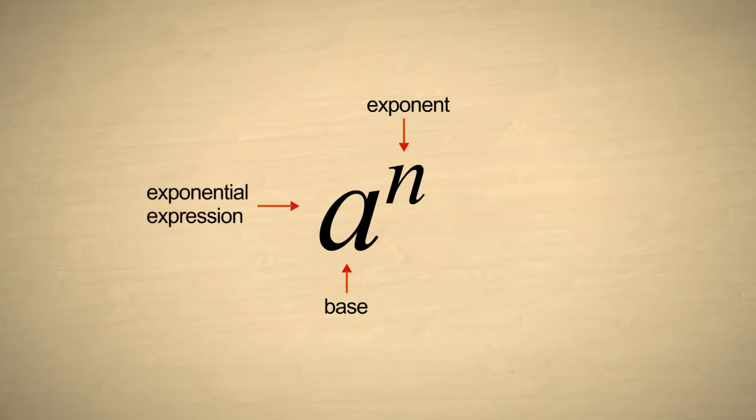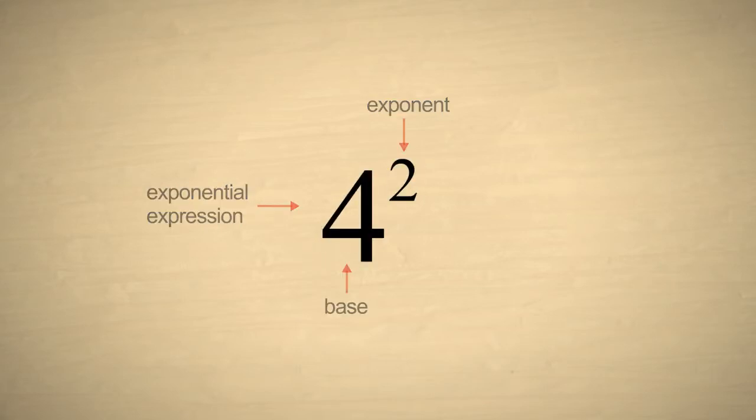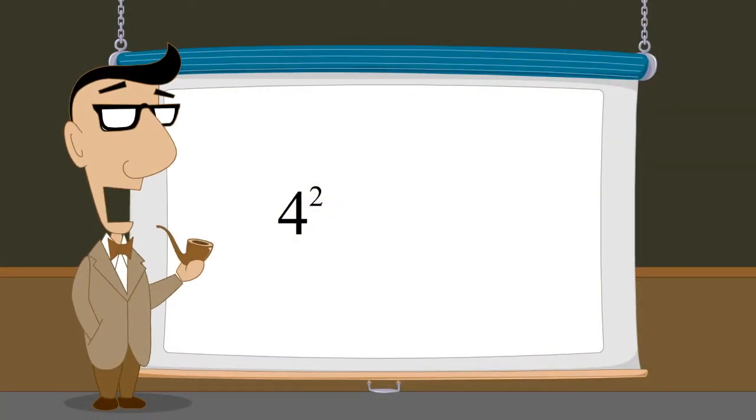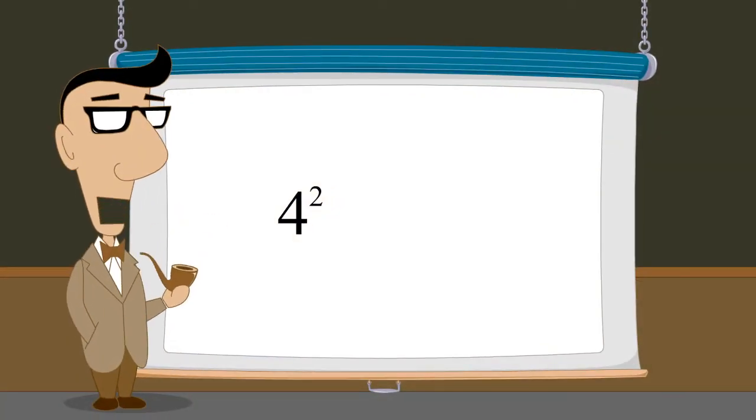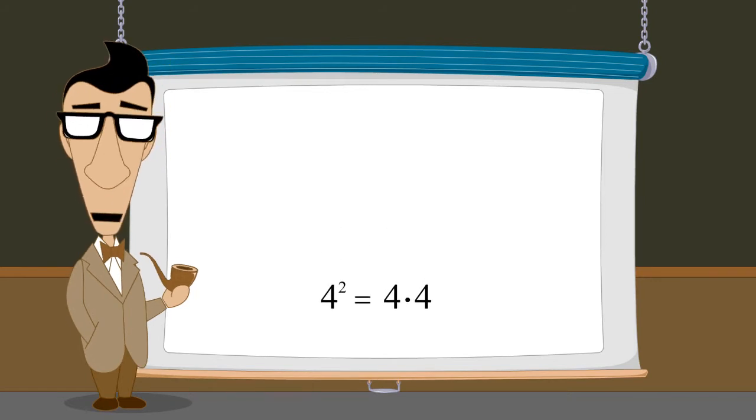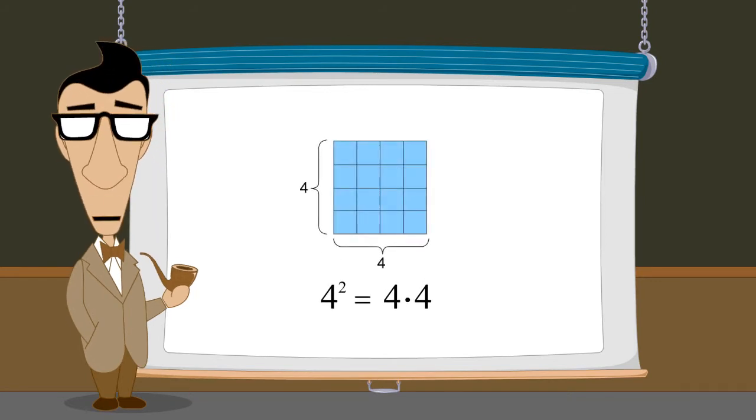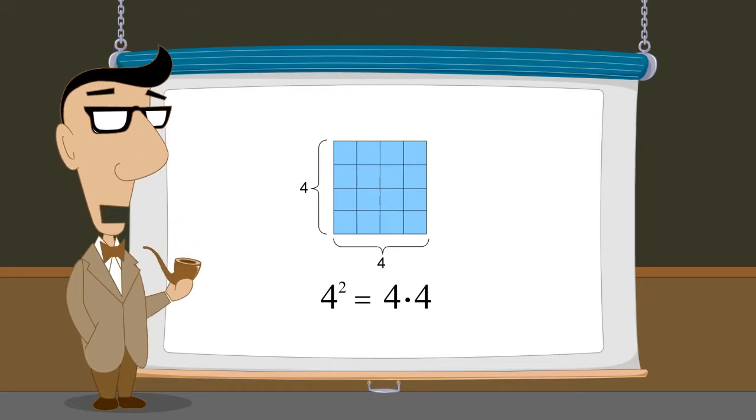For example, the exponential expression 4 raised to the second power is written as the number 4 with an exponent 2 written as a superscript. Since raising a number to the second power is equivalent to multiplying 2 copies of that number together, which is the same operation one would perform when calculating the area of a square, the number is said to be squared.